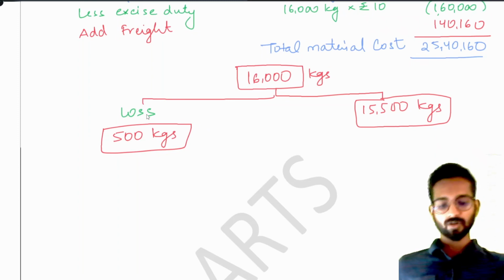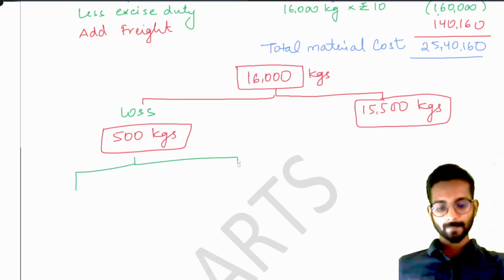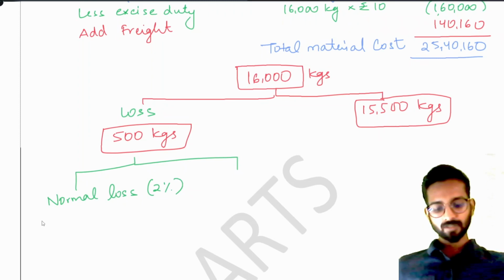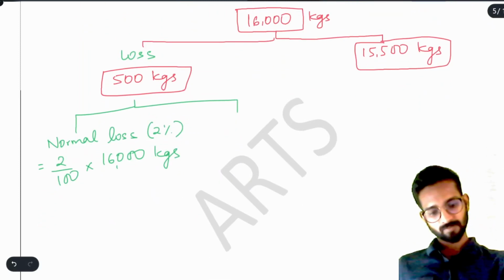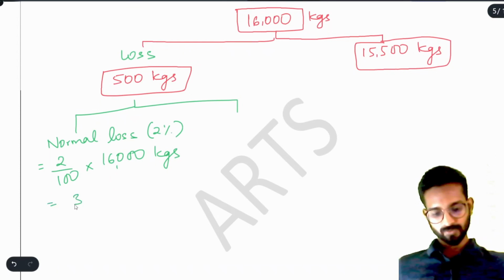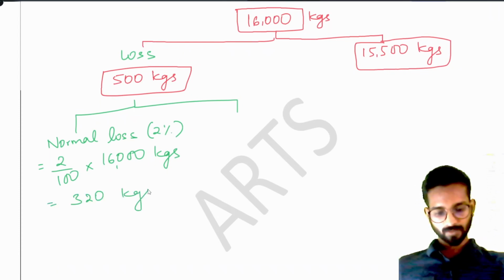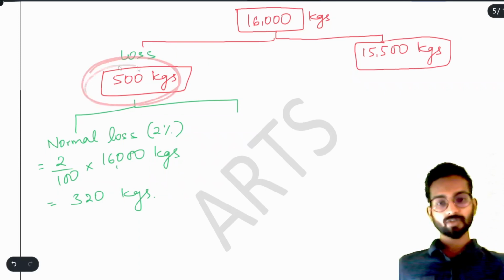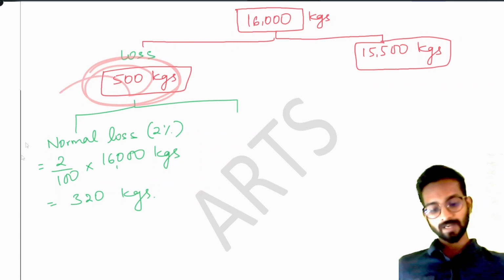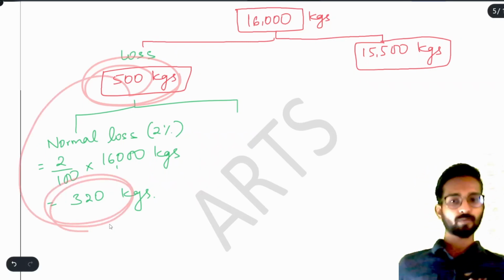How much was the normal loss? Normal loss was 2%, already given in the question. 2% of what? 2% of the amount we purchased, that is 16,000 kgs. 2% will be 320 kilos. So out of the total loss of 500 kgs in transport, 320 kgs is normal loss.